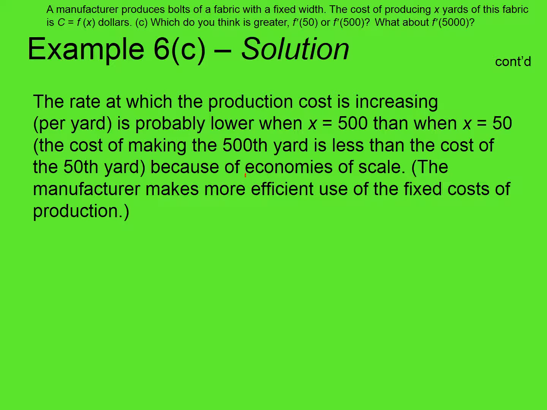You might not be thinking about economies of scale if you're an 18-year-old freshman who has never really worked in such a place. But we get more and more efficient as we go in our production methods. The manufacturer makes more efficient use of the fixed costs of production. So we feel pretty confident that f prime of 50 is going to be greater than f prime of 500.